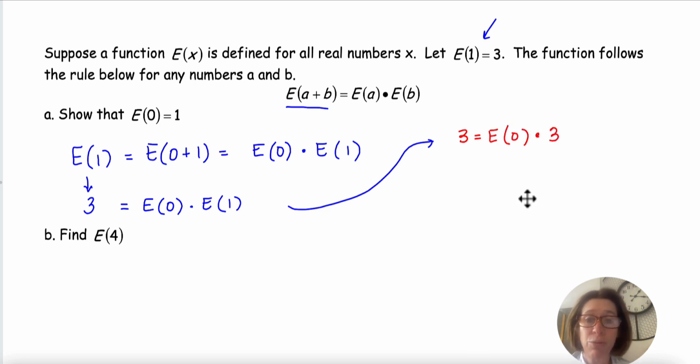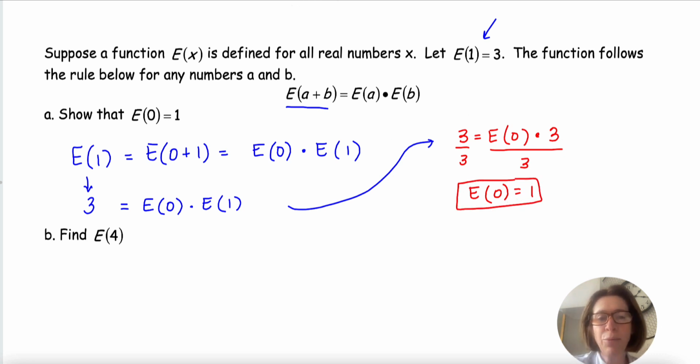I can substitute 3 in for e of 1. Then I can divide by 3 on both sides, and so e of 0 is equal to 1. Looks tricky, but it's not really. It's just asking you to apply a definition.